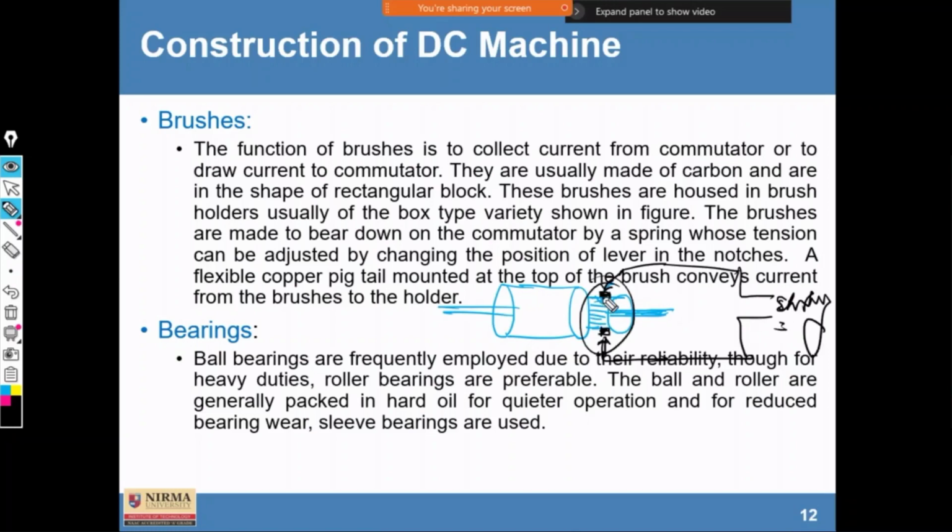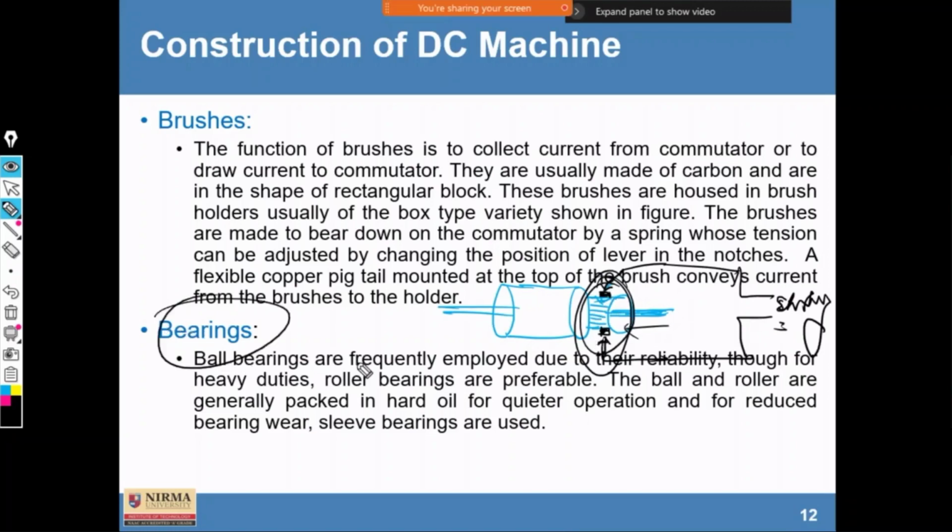So carbon brushes are used here, like a cycle brake where a rubber material has friction with the circular rotation. Similar things are kept here with the help of a spring that can be fixed on the surface of the rotor, the commutator, and hence the electricity is collected.